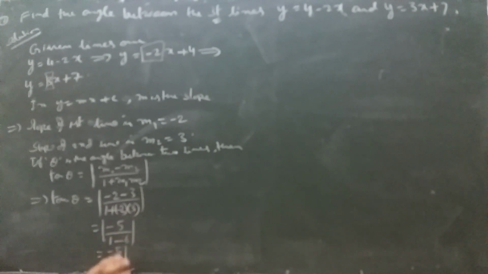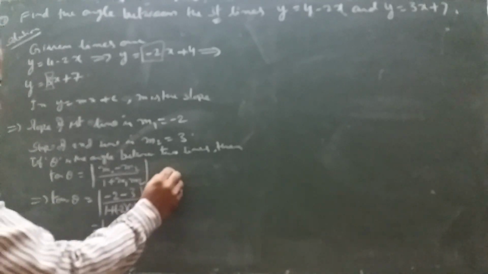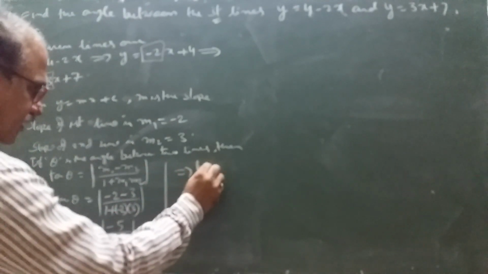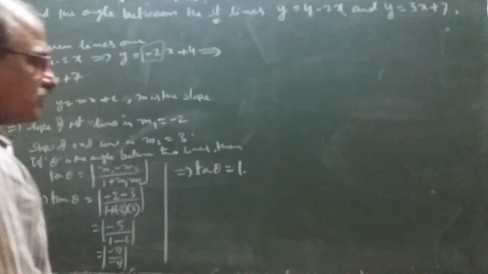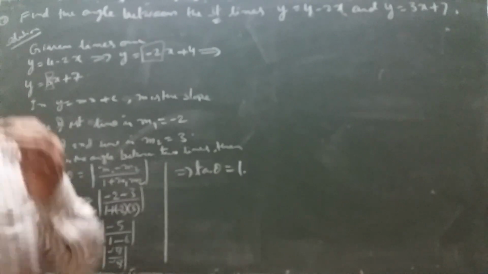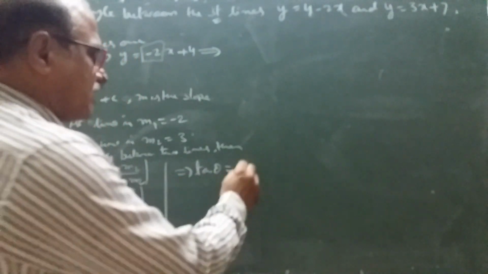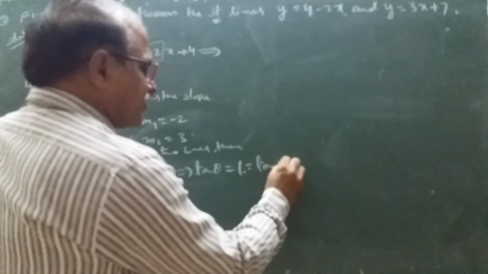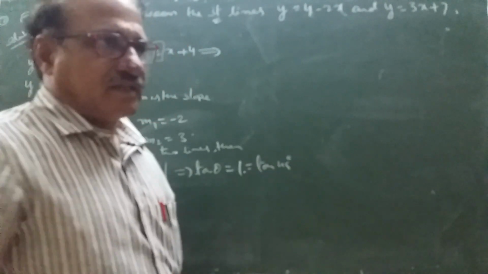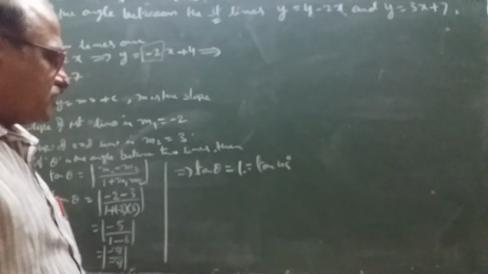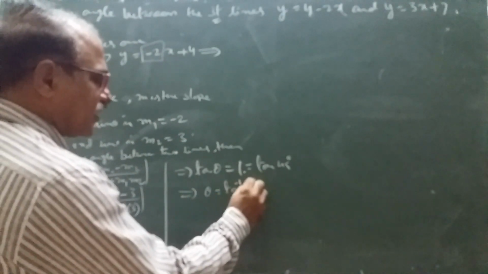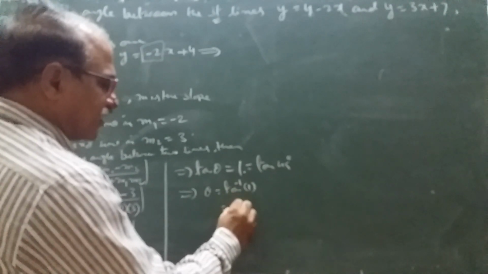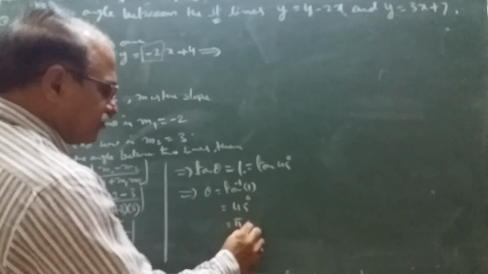Minus by minus cancel, so tan theta is equal to 5 by 5, 1. Since the value of 1 in tangent is tan 45 degrees, we know that tan 45 is 1. That implies theta is equal to tan inverse 1, that is equal to 45 degrees or pi by 4.